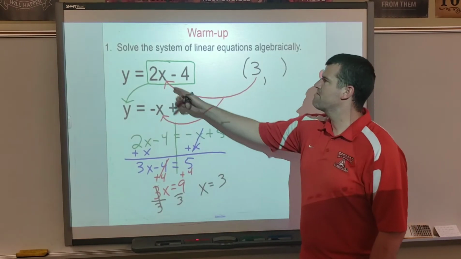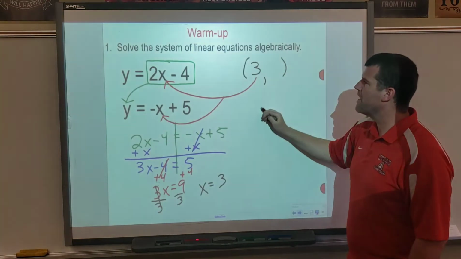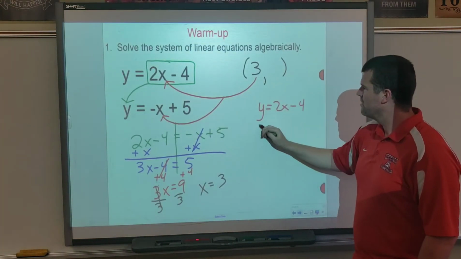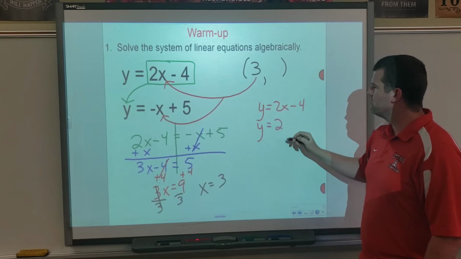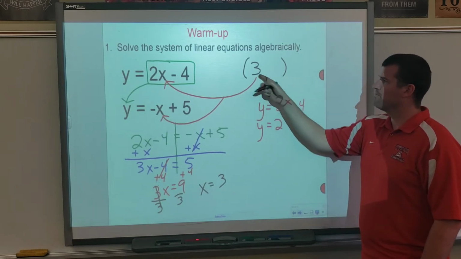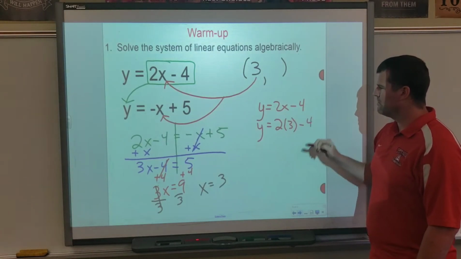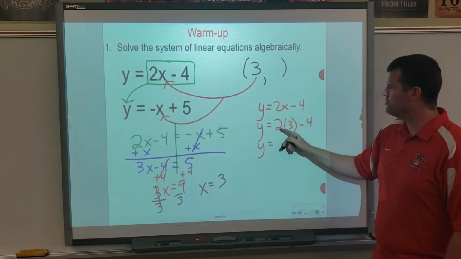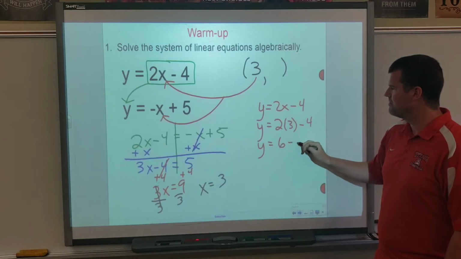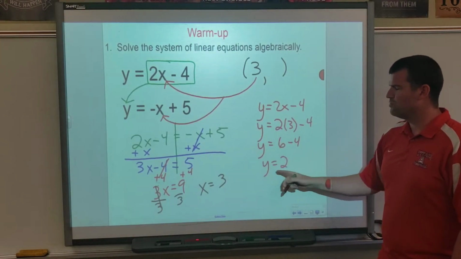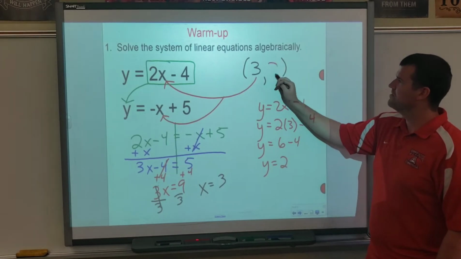So I'm going to choose this one. So if I rewrite it, I get y equals 2x minus 4, y equals 2, and then instead of x, I'm going to replace x with 3, minus 4. So 2 times 3 is 6, and 6 minus 4 is 2. So my y value is 2.